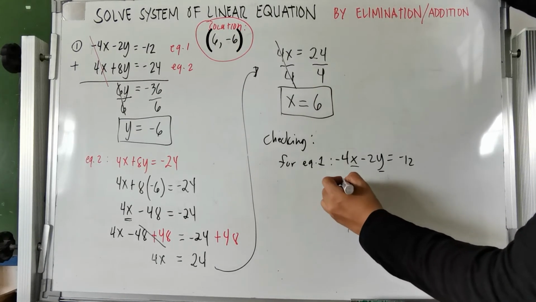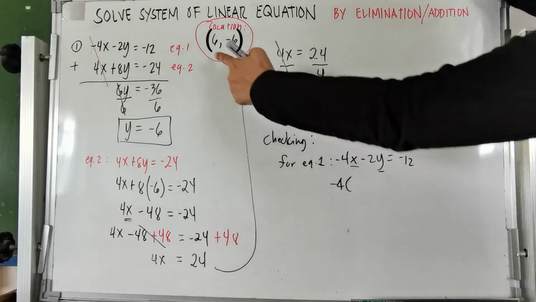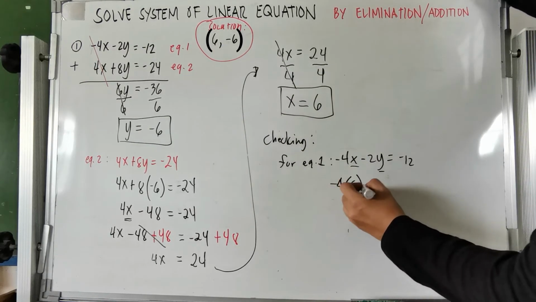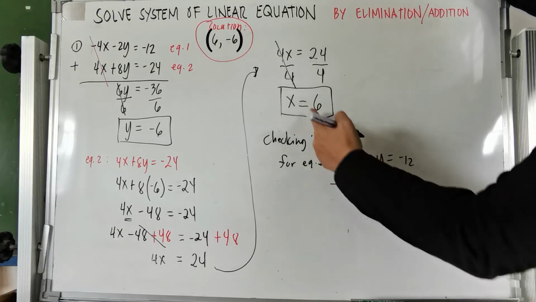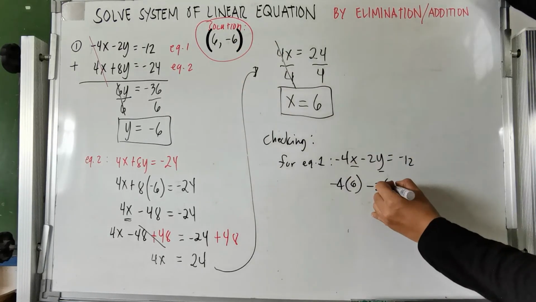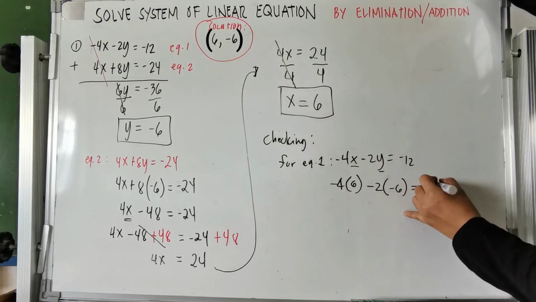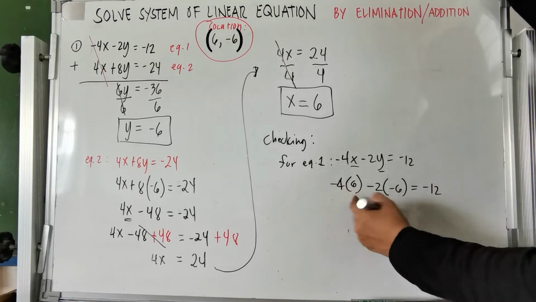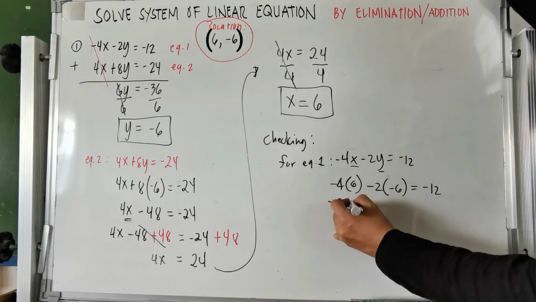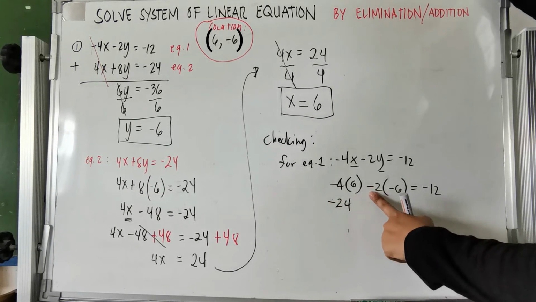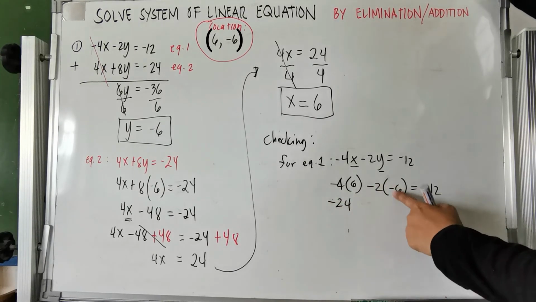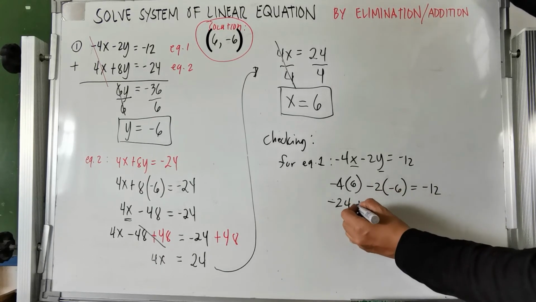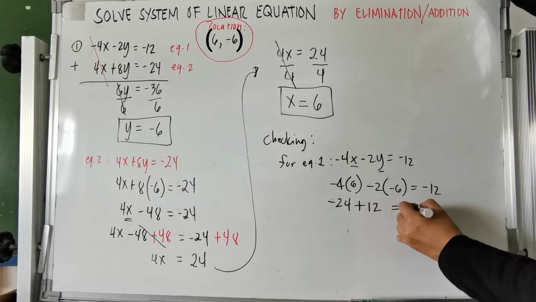So, we have negative 4 times 6 minus 2 times negative 6 equals negative 12. Negative 4 times 6 is negative 24. Then negative 2 times negative 6, parehong negative, so we have positive 12.